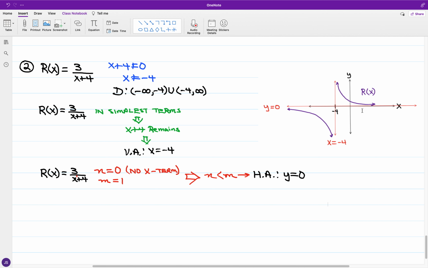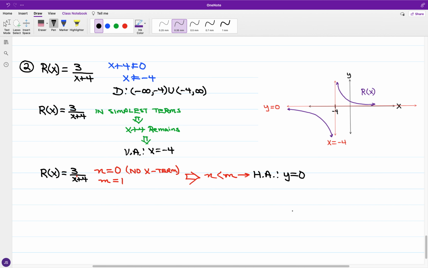And for the behavior of r of x equals 3 over x plus 4, we have that behavior indicated by the curves in the upper right and lower left sections.